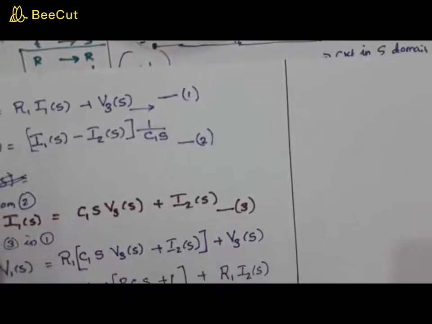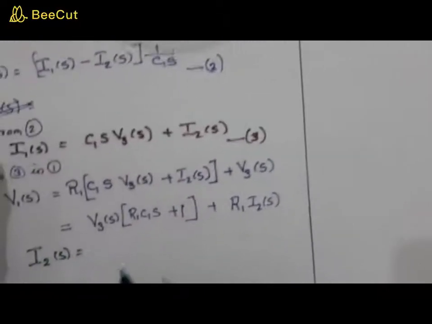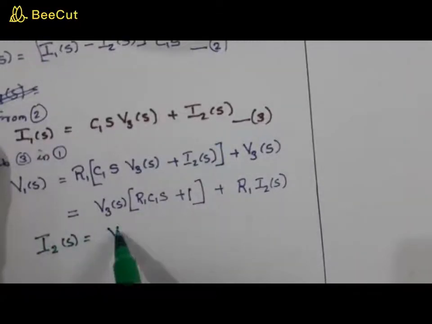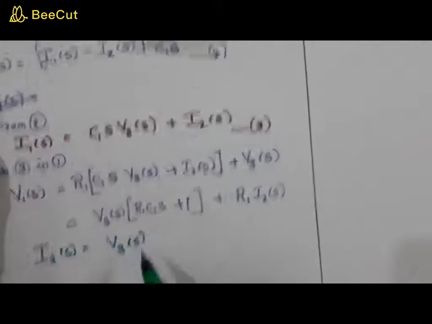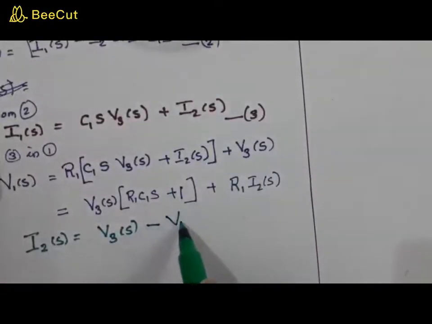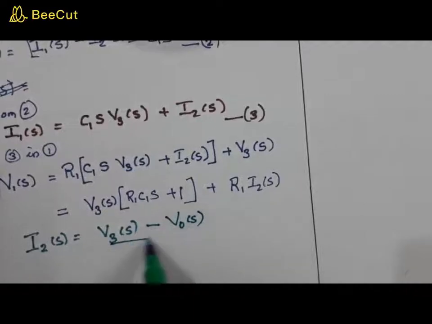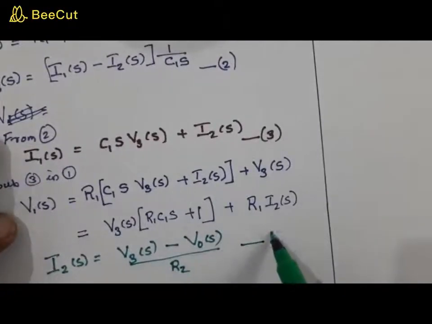I2 of s is equal to V3 of s minus V0 of s, divided by that R2. Call this equation 4.